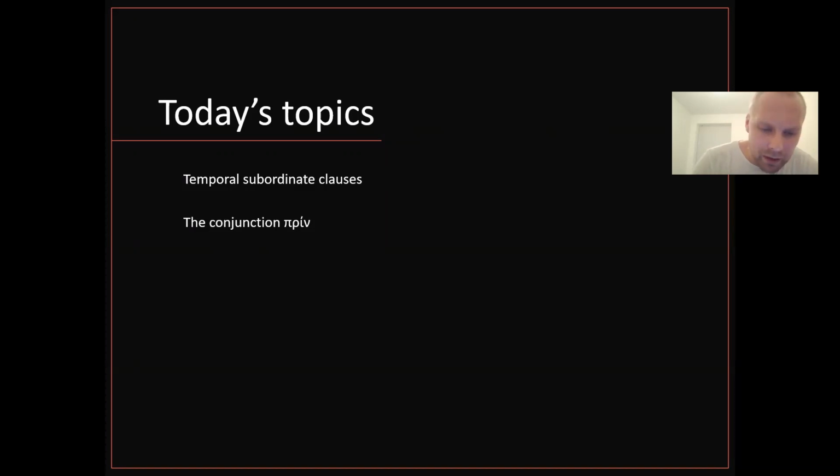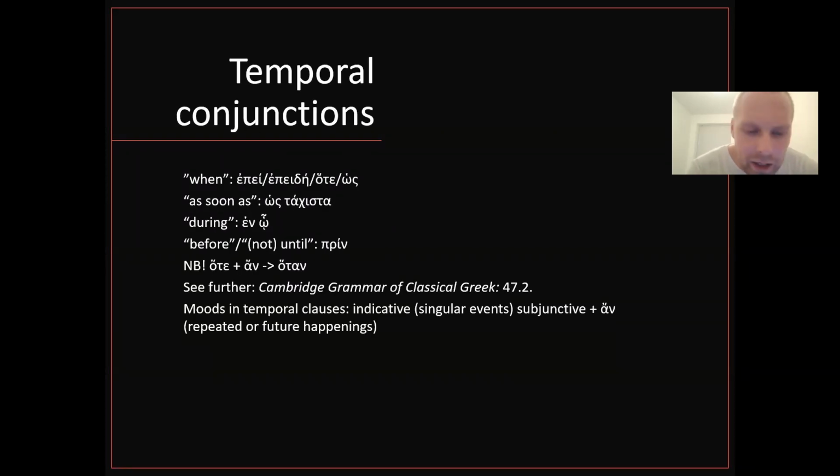Okay, but we can begin with a short general overview of temporal clauses. Temporal conjunctions are the conjunctions which are used to introduce a temporal subordinate clause. Examples of conjunctions that can be used in the meaning of when are epei, epeide, hote, and hos.